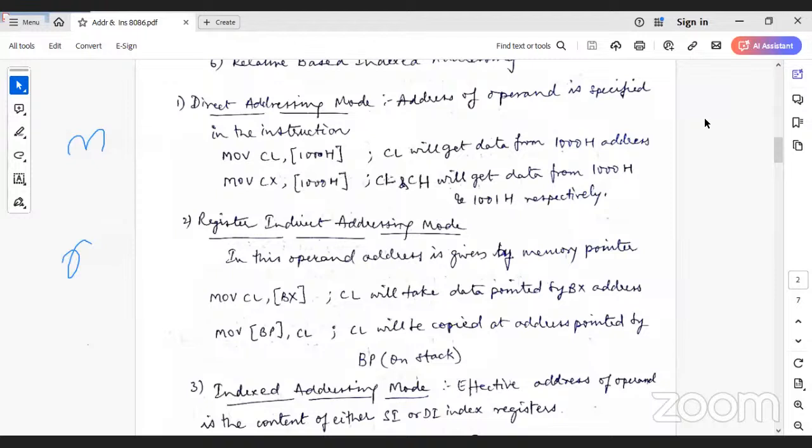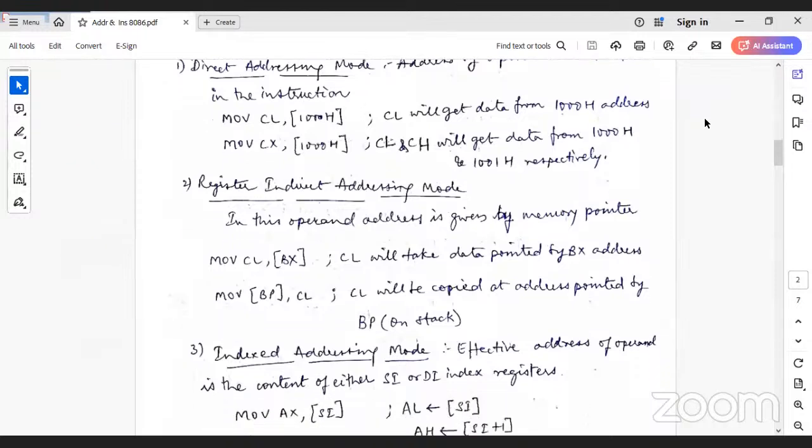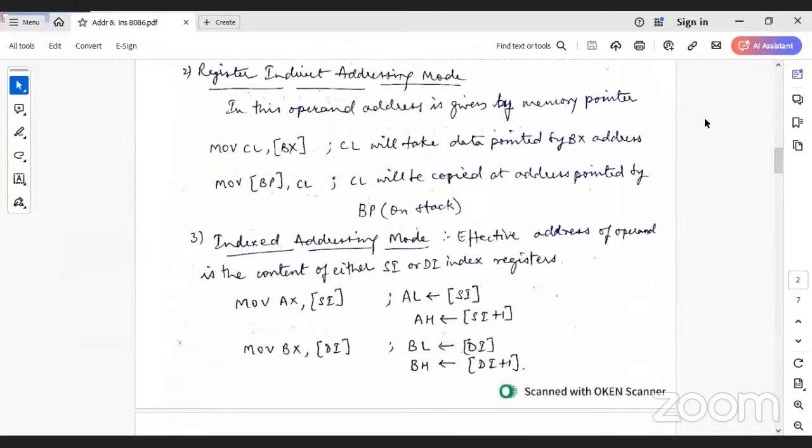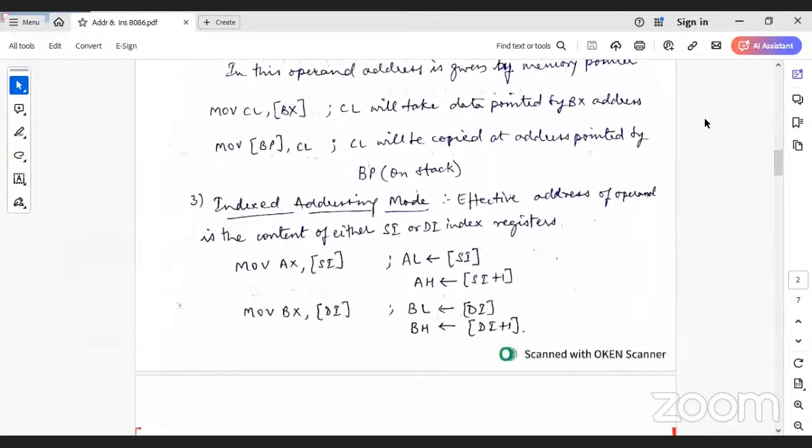And then next is your indexed addressing mode. In indexed addressing mode, you see, you are using index registers here. So that is why it is indexed addressing mode. Effective address of operand is the content of either source index or destination index register. Now, an index register is also 16 bits in width.